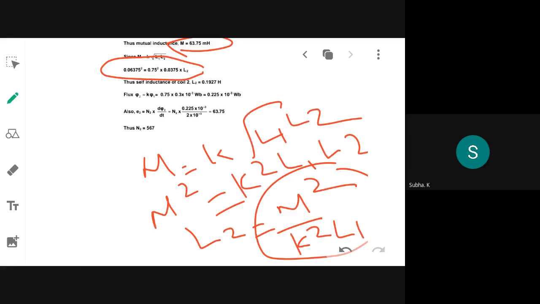M is equal to K into square root of L1 L2. Okay, M squared is equal to K squared L1 L2. I want L2. L2 is equal to M squared divided by K squared into L1. All the data is given in the problem. Substitute and find L2.